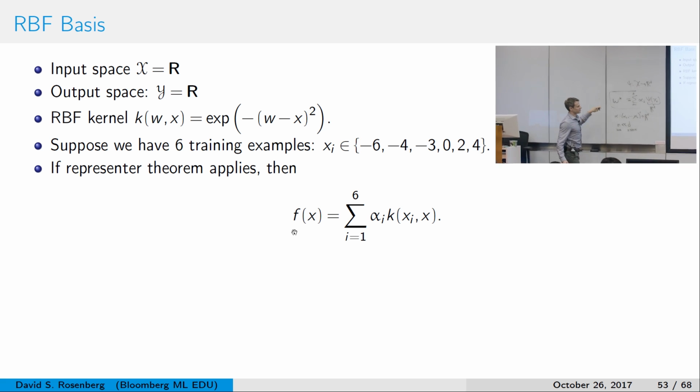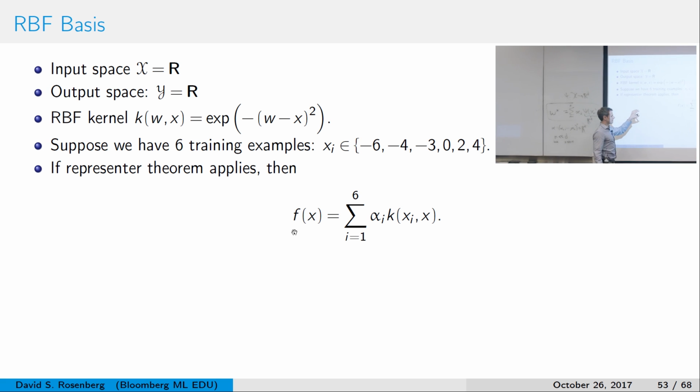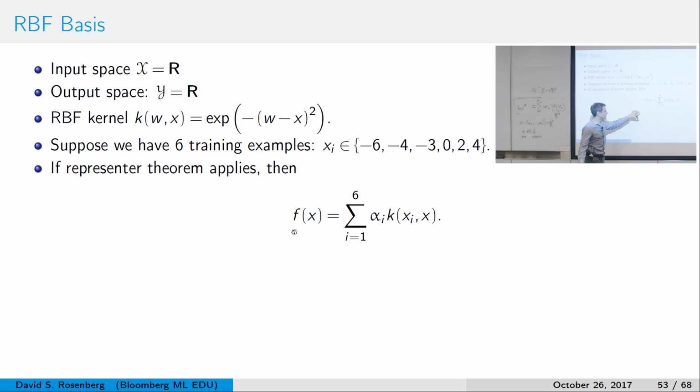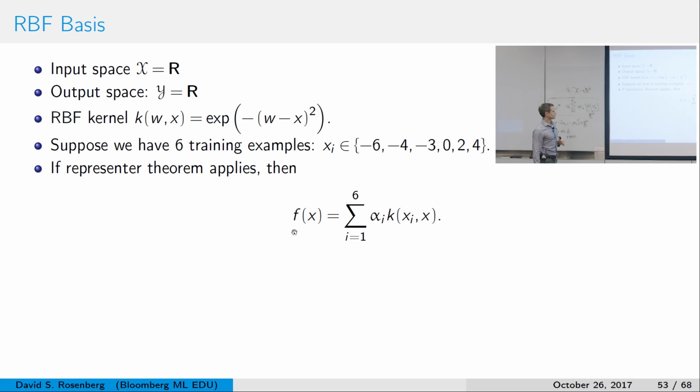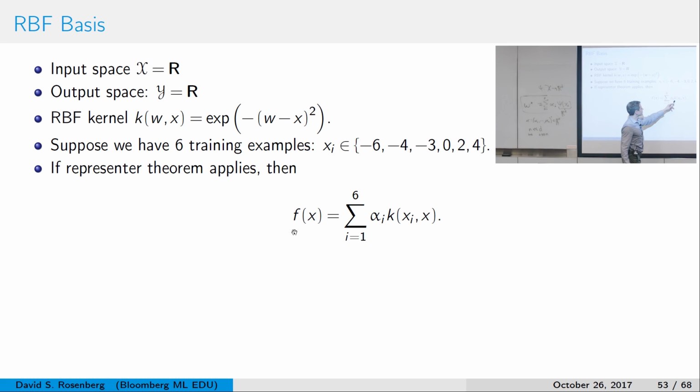That was the thing we did over here. So W is in the span of the data, and the prediction function is in the span of these kernel function evaluations. Let's break this apart. K is a function of 2 things: xi is the training data point, and x is the new point. We're trying to figure out f of x, and to do that, we evaluate the kernel between xi and x for every training point i.